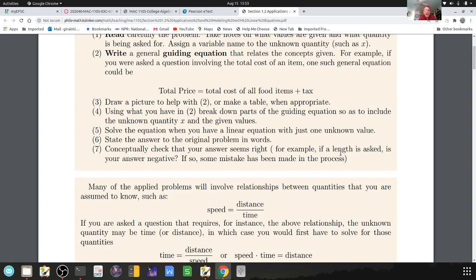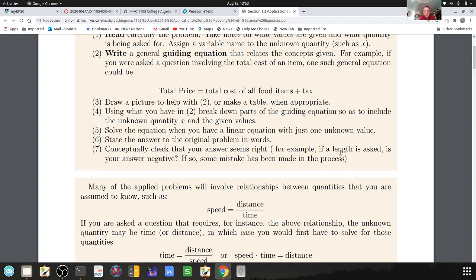Using what you have in step 2, meaning your guiding equation, break down parts of the guiding equation so as to include the unknown quantity x and the values given. 5, solve the equation when you have a linear equation with just one unknown value, that would be x.